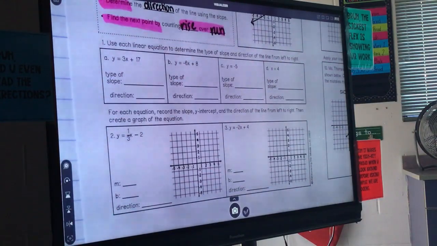Increasing or decreasing? Do I need to add another day?